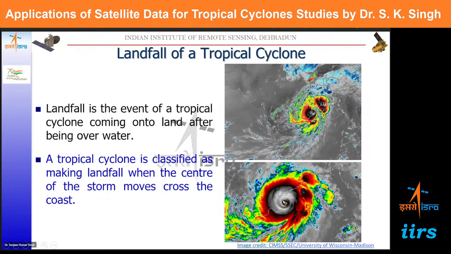In the upper image, the eye is inside the land or over the coastal area, but in the lower portion the eye is slightly away from the coast. So even though most of the tropical cyclone is inside the land, we cannot call this a landfall situation.